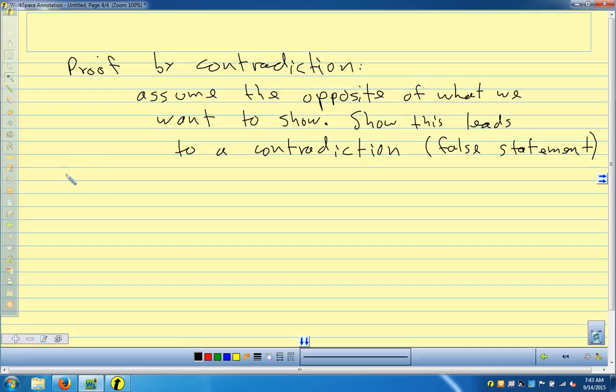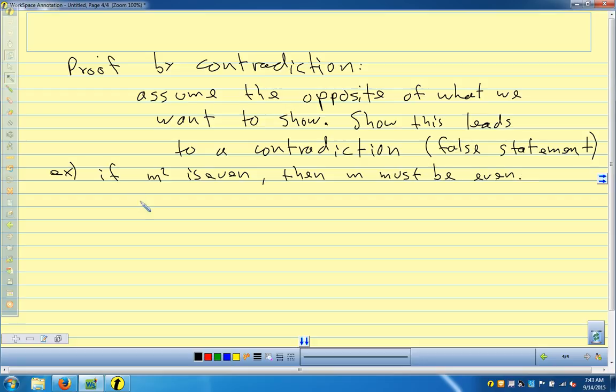All right, so I want to do one example, and this leads us to a really nice, really famous example. So I'm going to say if m squared is even, then m must be even. So we're going to assume the opposite of this.